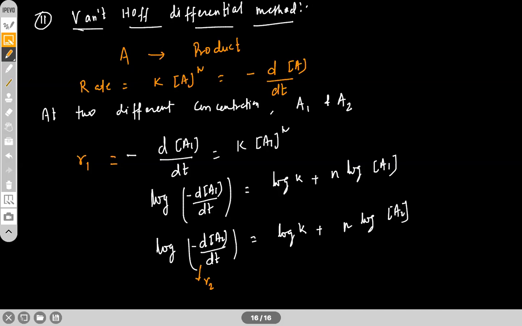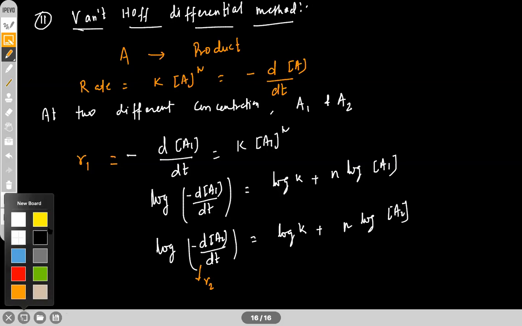So we can write log R1 minus log R2 is equal to n times log of concentration A1 minus log A2.